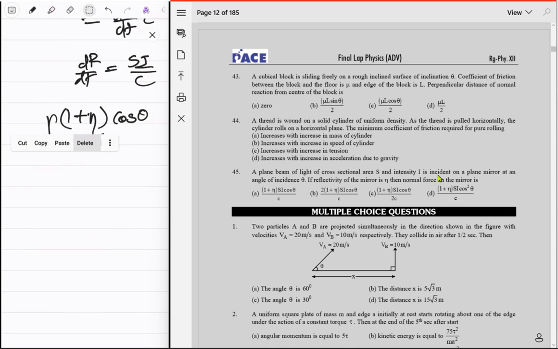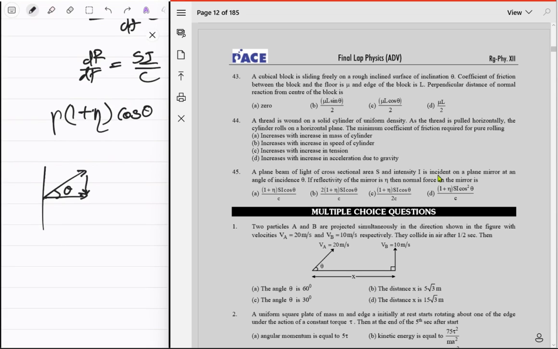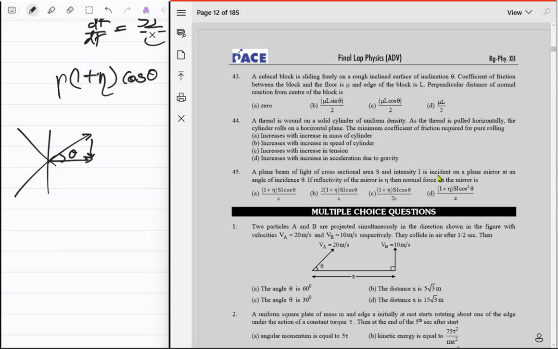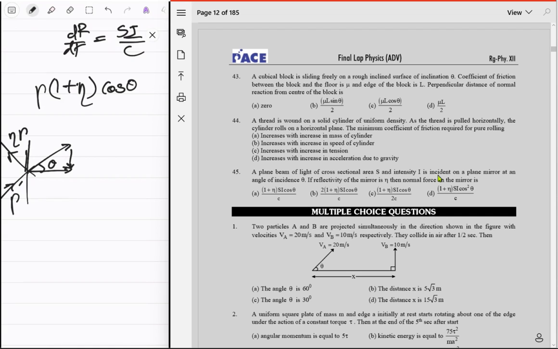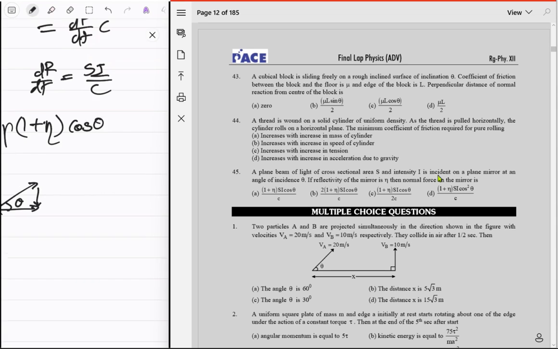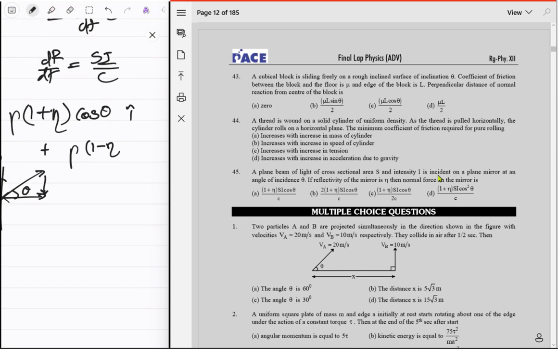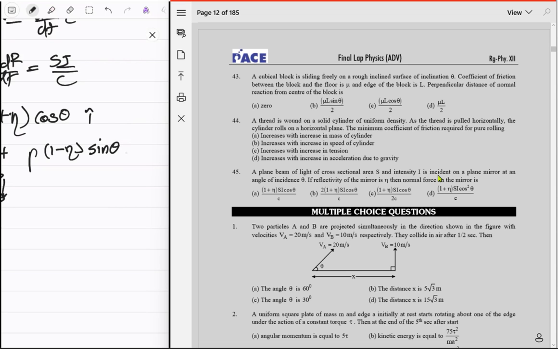Yeah, that's the thing. Oh wait, not just that, because if the beam were just reflected properly then it would just be like this, but actually what happens is first it absorbs, like emits back, and emits in this direction or something. So actually here, no no no, what comes in has momentum in this direction, and then the eta p here is in this direction. Shit, there is also a change in momentum in this direction actually, right? So the momentum imparted is p minus eta p in the sine theta direction, right? So this is p times 1 plus eta in the i hat direction plus p times 1 minus eta in the sine theta j hat direction.